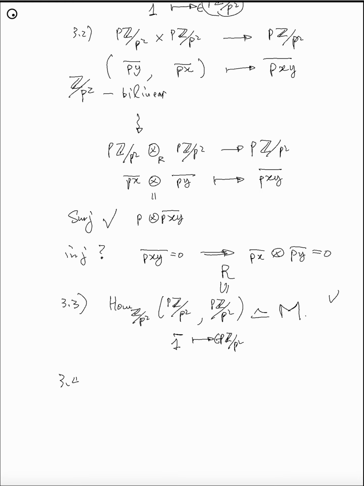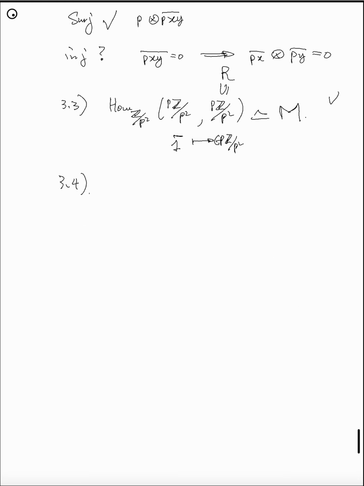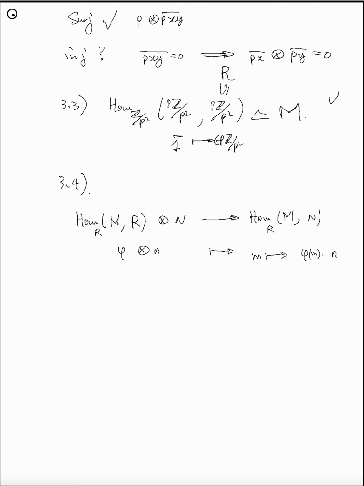Now the last one is to say that the map we just constructed as in exercise 2 of today tells us that we're going to map from here to here. The map is sending a phi and an n, and then mapping it to phi of m, and then why this is 0, we have to show that, right?